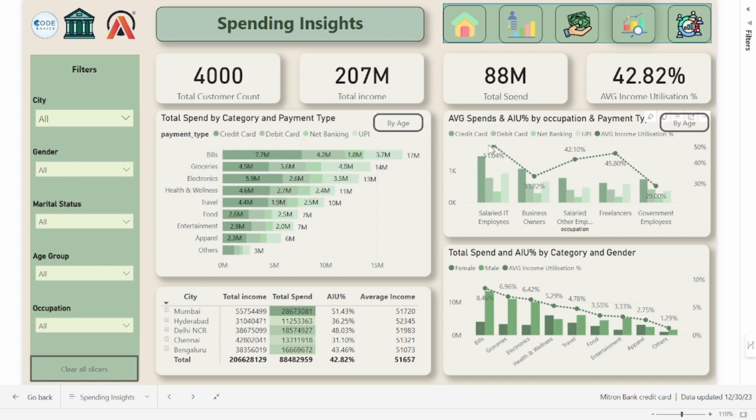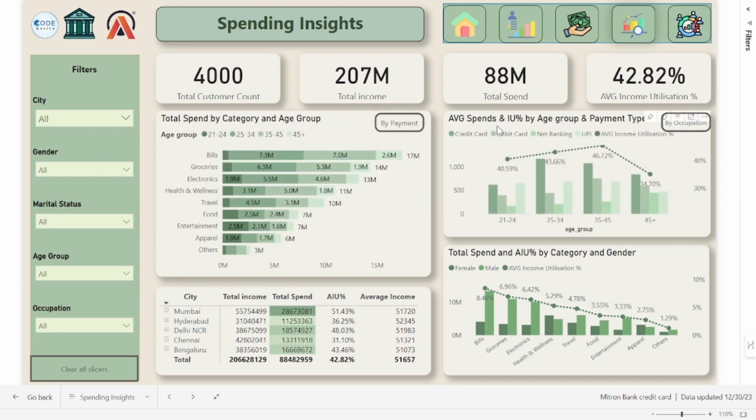If we come to this chart, we see the average spending and average income utilization by occupation and different payment types. All occupations are mostly using the credit card, followed by UPI. If we click on this age, we will see the average spending by age with different payment types.